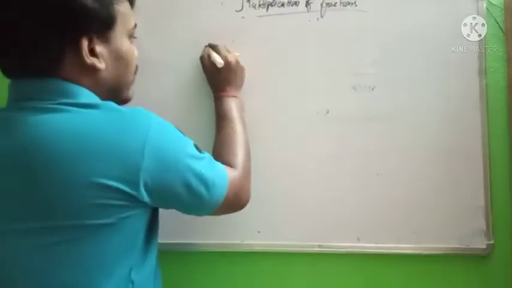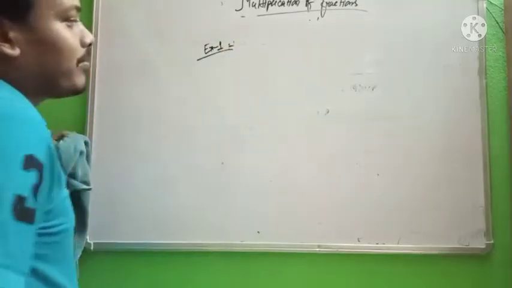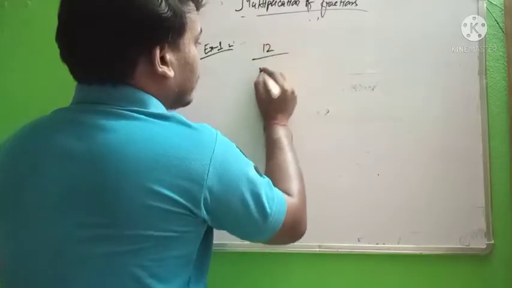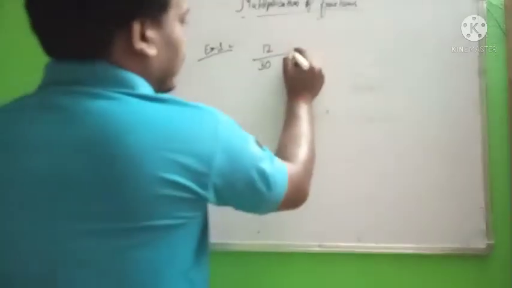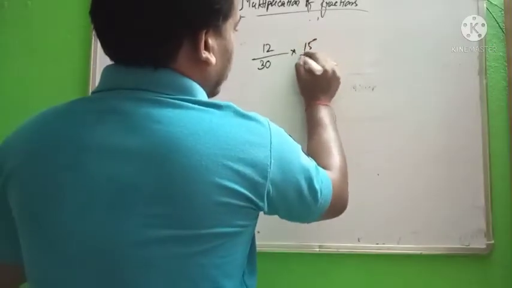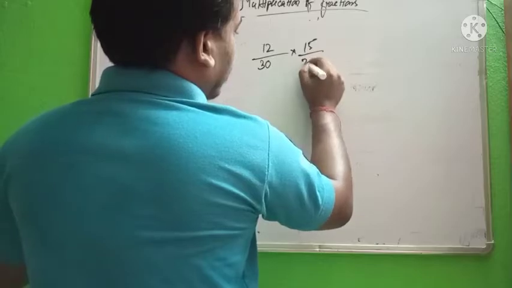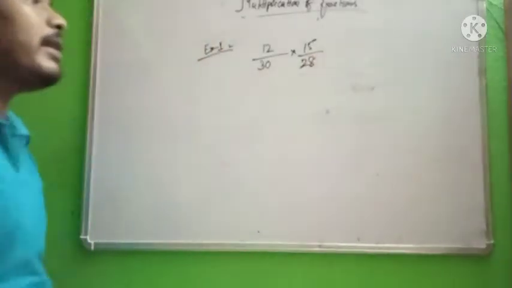So with four examples, I will cover everything. Example 1: 12 by 30 into 15 by 28.